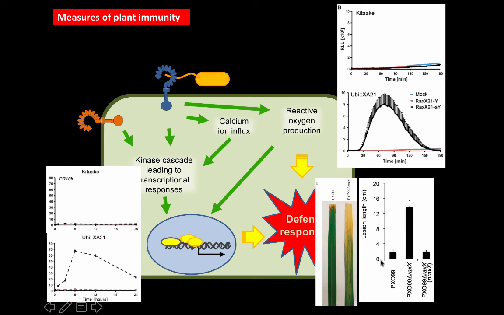So with these different techniques and some more techniques which I'm not going to go into detail, we could show first that plants which have the immune receptor can recognize this molecule in the absence of the bacteria. So this is probably the molecule which is recognized, and also probably the only molecule from this bacteria which is recognized by XA21, this specific immune receptor, because if you take away this molecule from the bacteria, plants that have the immune receptor become susceptible because they can't recognize the bacteria.